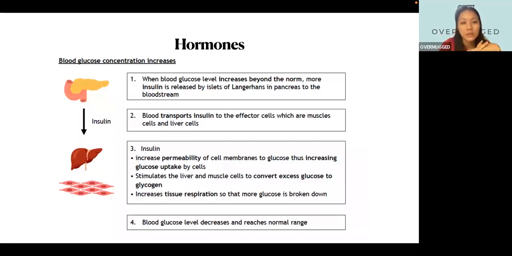Why I specifically bring out this part is because it's also a very clear process. The question can ask you to explain what happens when blood glucose concentration increases beyond normal, or they show you a graph. Super common. Show you a graph, ask you a data question, and then ask you to explain.